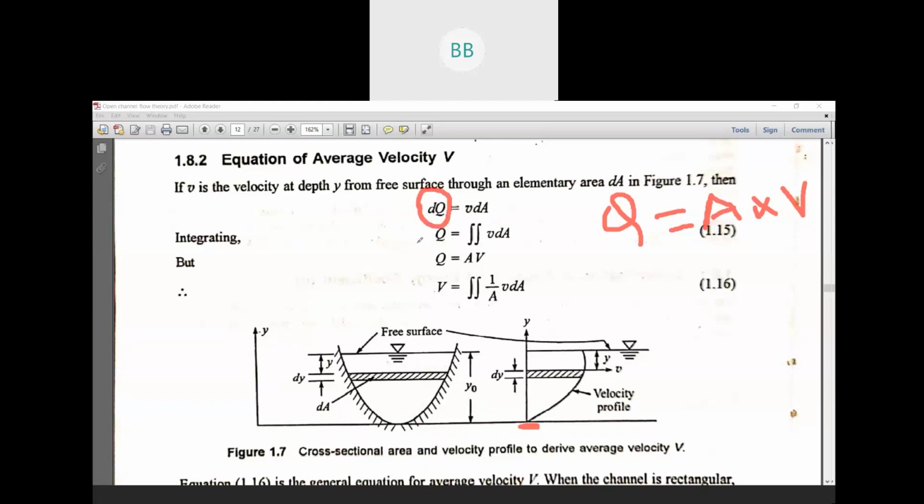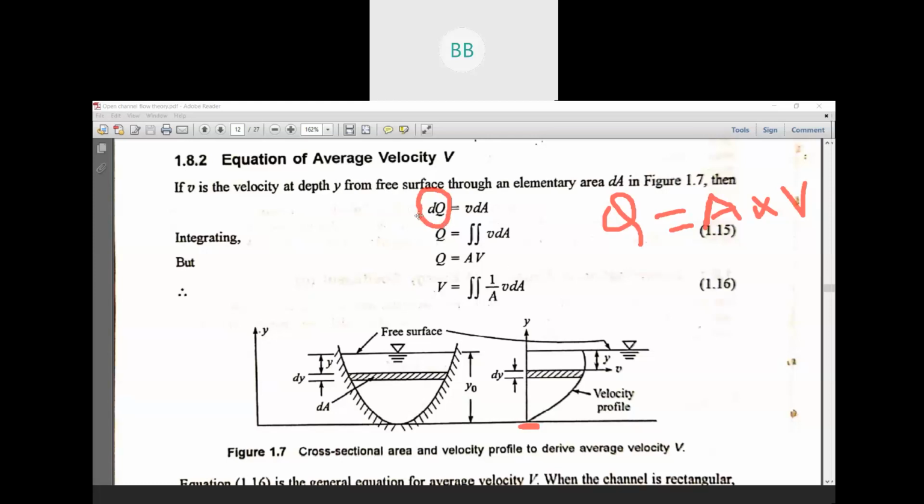In the previous case we calculated kinetic energy for a small elementary area, and then integrated or took the summation to find the kinetic energy for the whole cross sectional area.